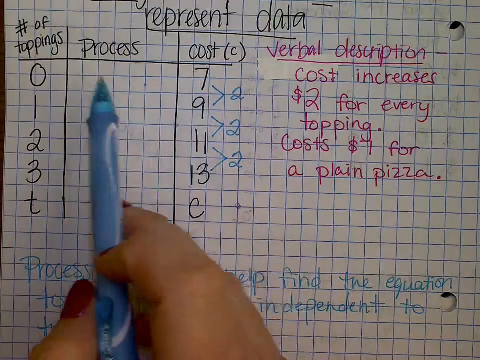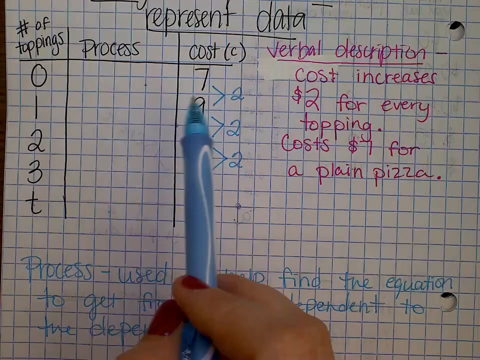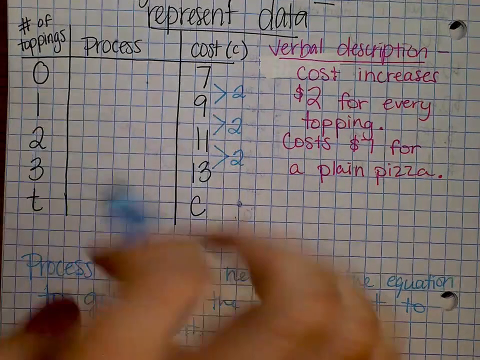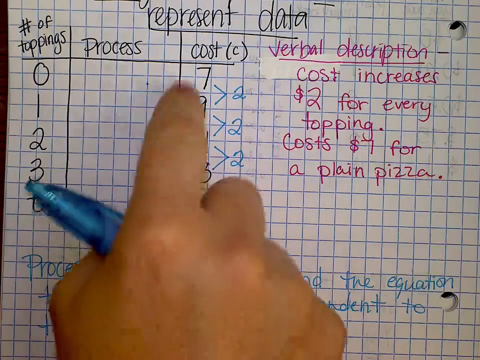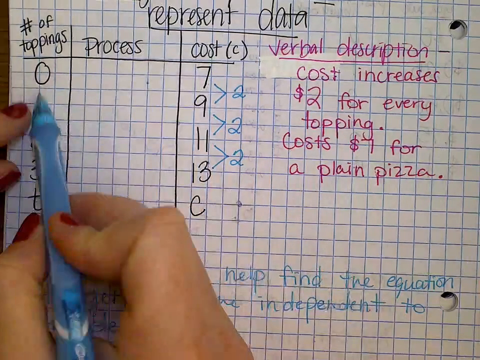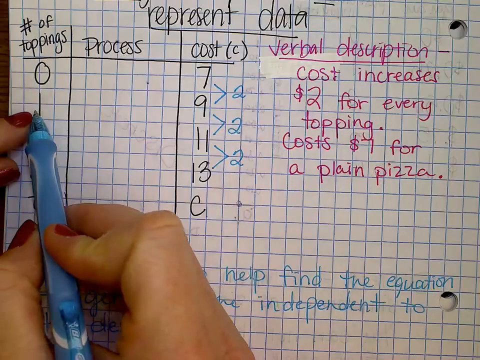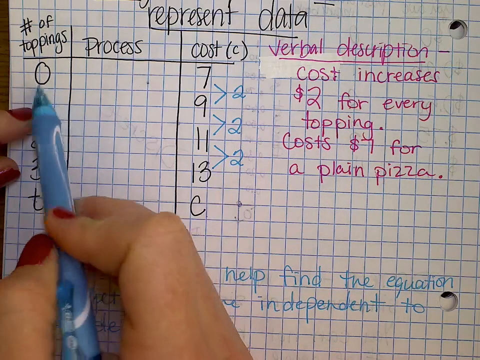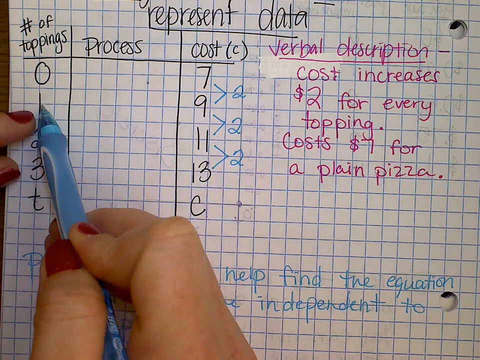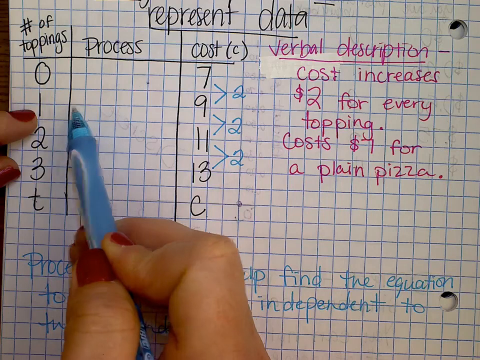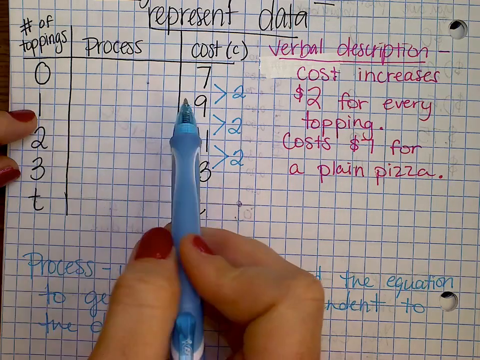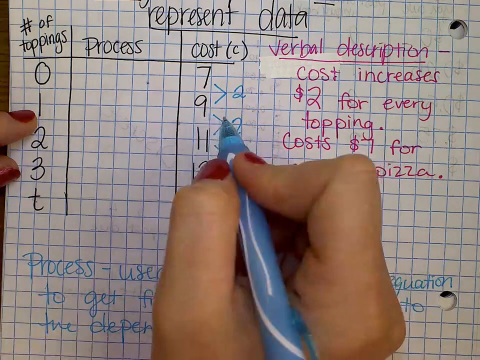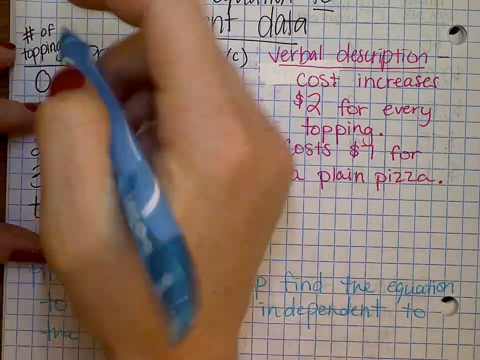So if I'm wanting to know how to use this information to give me my cost, so notice I'm wanting the equation. What I mean by wanting the equation is, if I know my number of toppings, so I have 1 topping, what could I mathematically do to get from 1 to 9? So you're going to use this number.